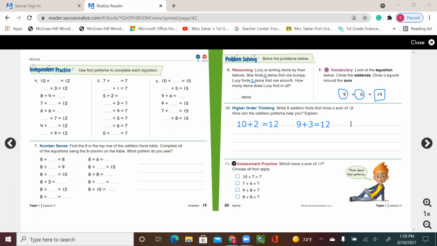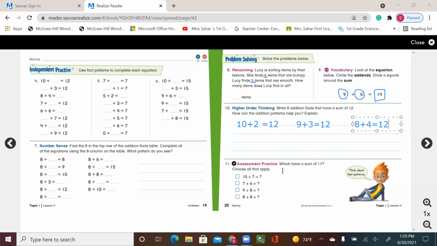What's next? What happened to the 9? It becomes 8. Very good. Plus the 3 changes to 4, gets one more, equals definitely 12, and so on. So I have now 3 facts. I need to do a total of 8. So we need to do 5 more. You can start from where we stopped here. So the 8 would be 7, and then the 4 would be 5, and go on.